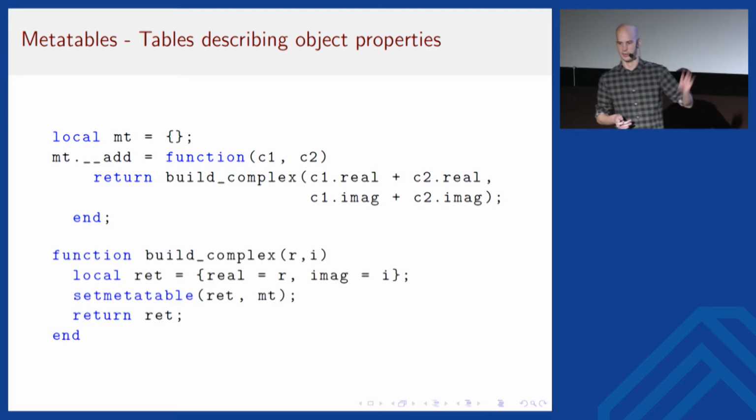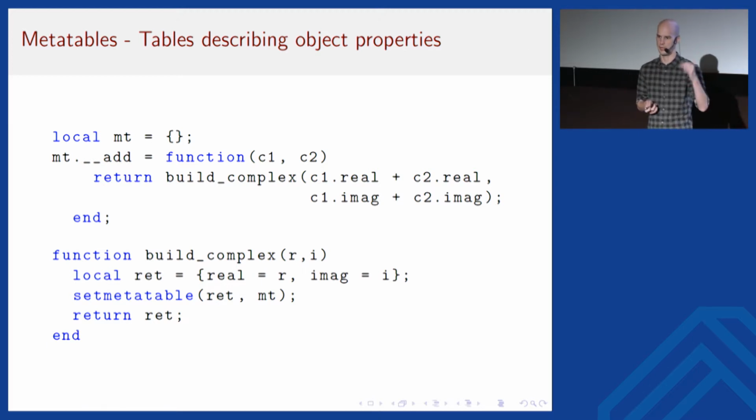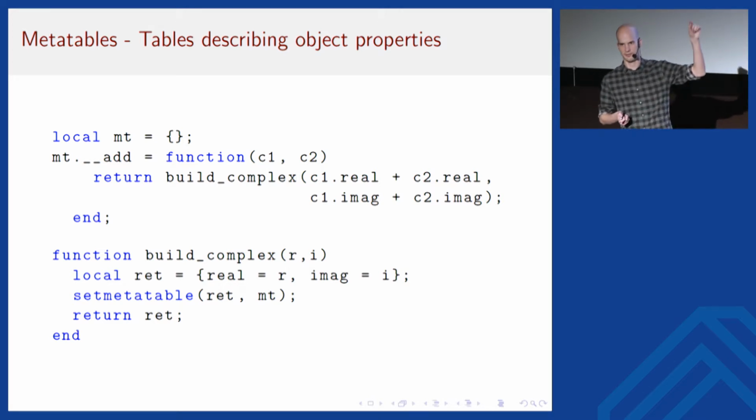And then in our factory function, we can basically say, okay, every complex number that we're going to stamp out, we assign this metatable to it. And that now means if we then write this C1 plus C2 that we saw before, it will actually go to the metatable, find this function at this special index __add, and then that performs the operation.